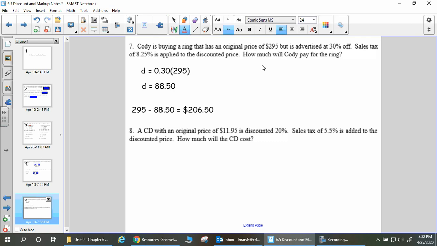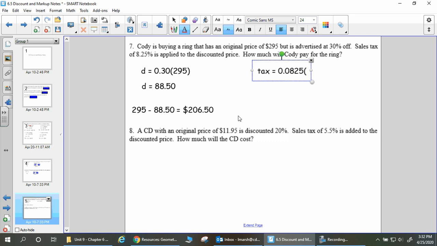But now we have to apply sales tax. So now I'm just going to repeat the problem. The tax, if you just want to use T for tax, that's fine. I just didn't want my T to look like a plus sign. So my tax, it says, is 8.25%. Be careful. If you move this decimal forward 2 places, 0.0825 is what comes behind that decimal.